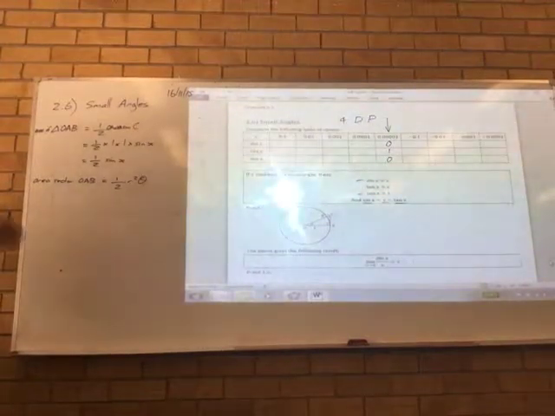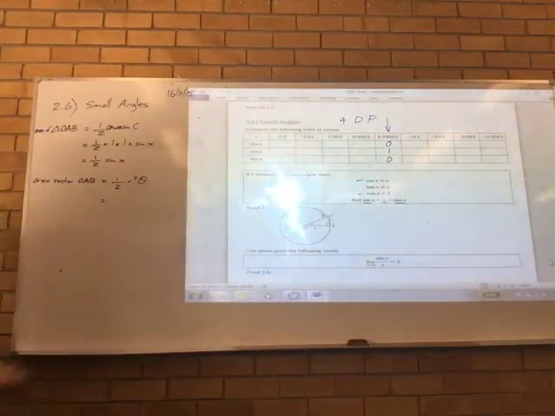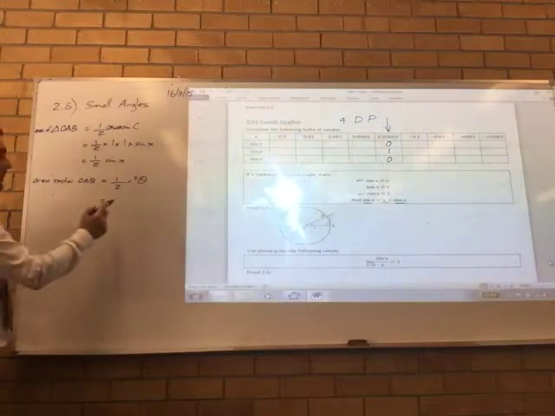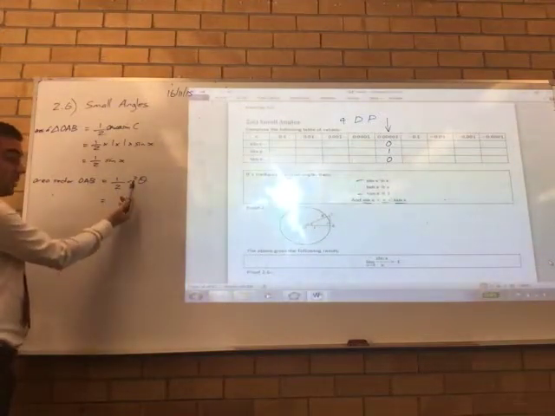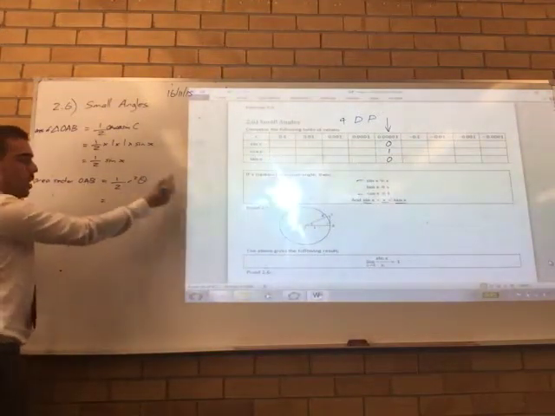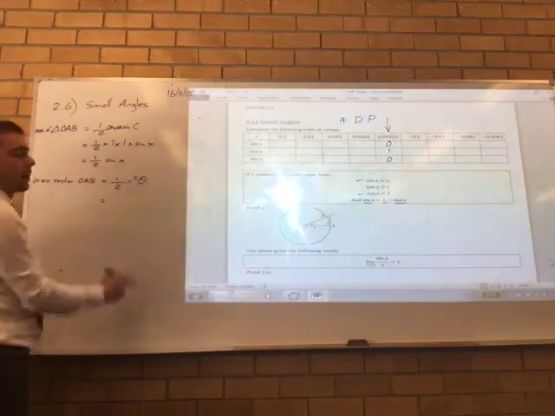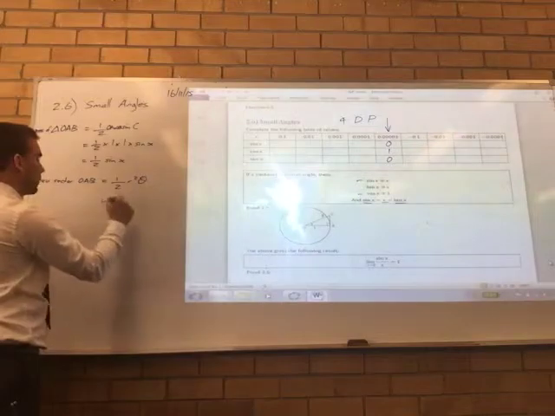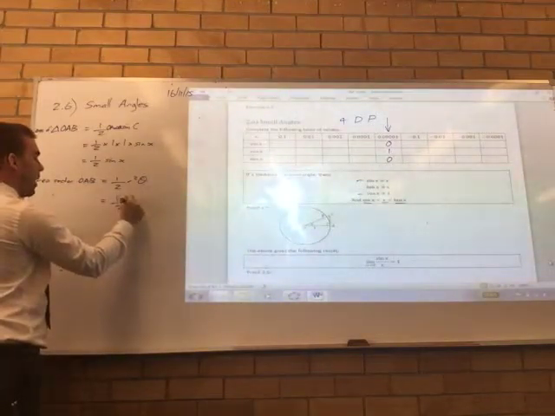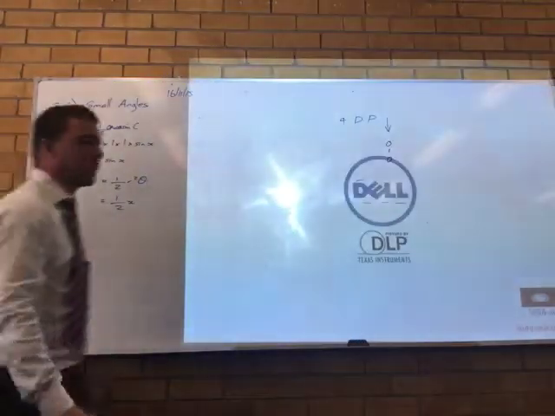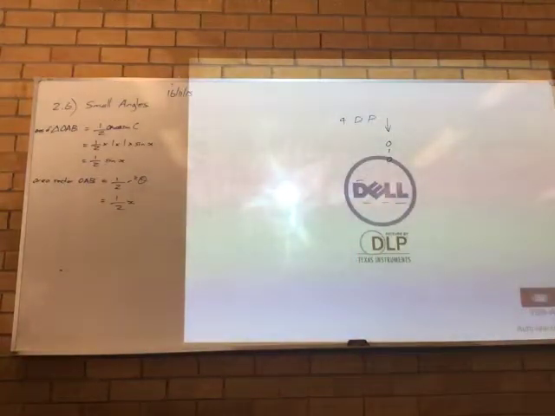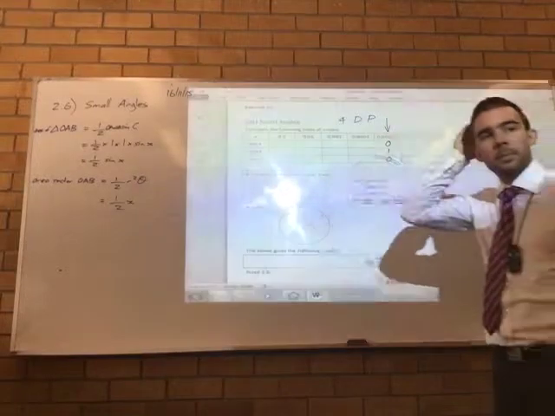What's the radius again? It's 1. So half of 1 times theta, the angle formed at the centre, which is x. So the area in simplest form is half of x. We're treating x as very small.